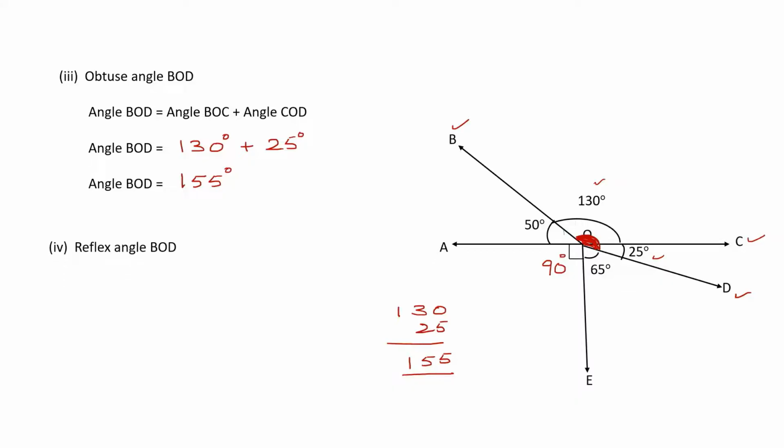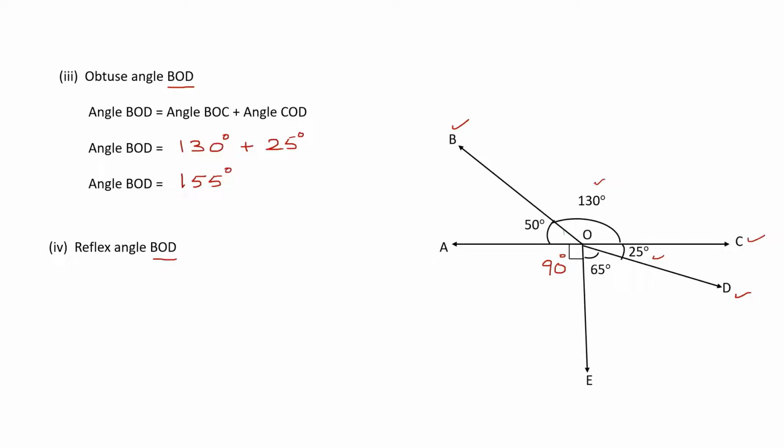Now we are asked to find reflex angle BOD. Again, it's BOD. Can you see BOD for question 3 and BOD for question 4? But both those angles are different. Question 3 was the obtuse angle. An obtuse angle is more than 90, but less than 180, whereas a reflex angle is more than 180.